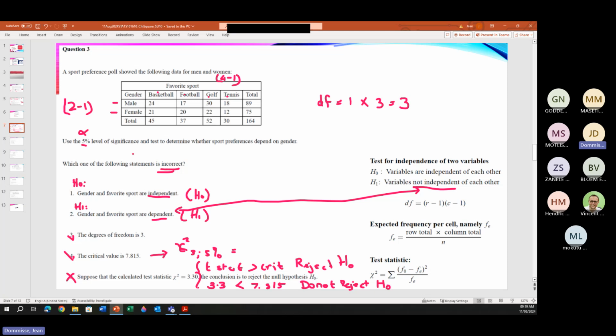I like to always write the rule down first, and then only look at what they're saying, because I think we'll go through a few of these where the language that they use might sometimes be different. So if we do not reject the null hypothesis, they might say something about the alternative hypothesis.